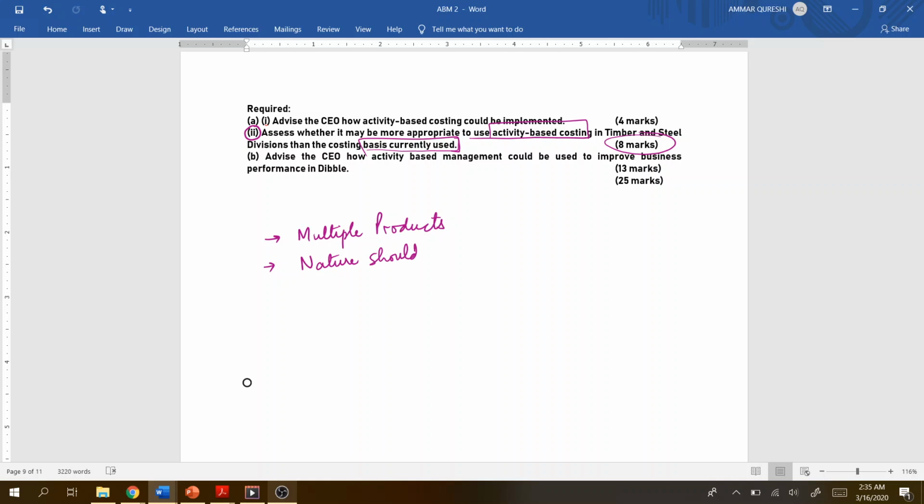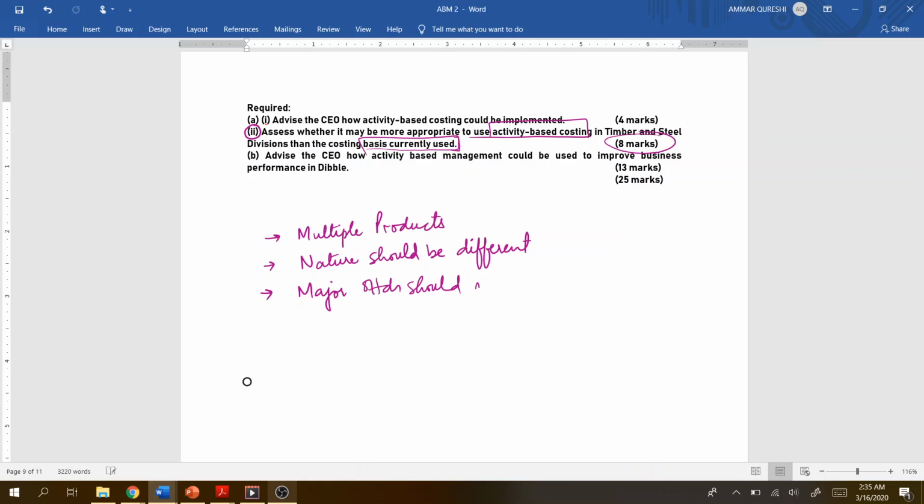What was the third? Third was that major overheads should not be related to a single cost pool.